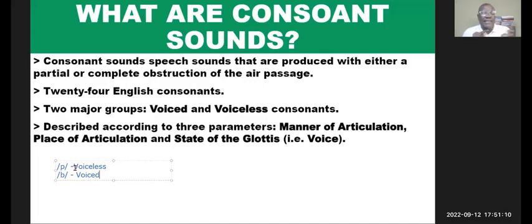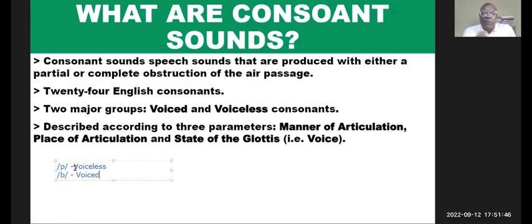Your finger is still there on your Adam's apple, and then pronounce B. B. Again, say P. Again, say B. What did you notice? I just want you to say exactly what you noticed when you produced each sound. What happened as your finger was placed on your Adam's apple?